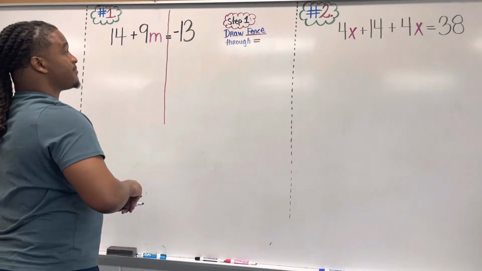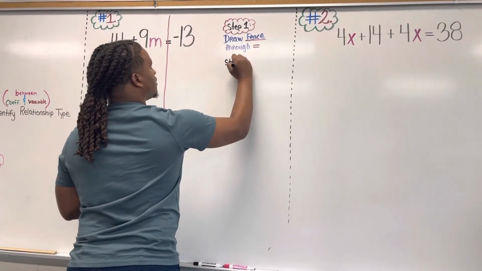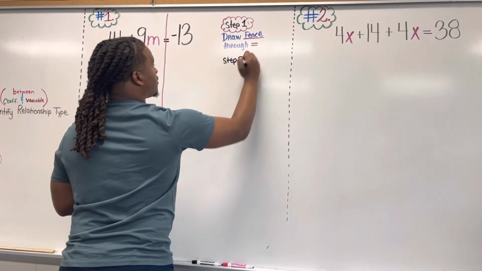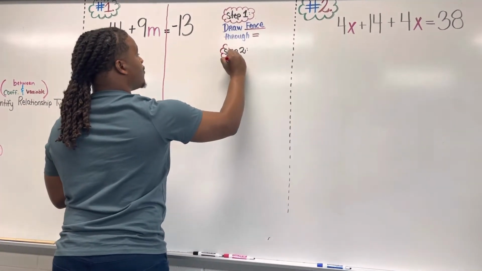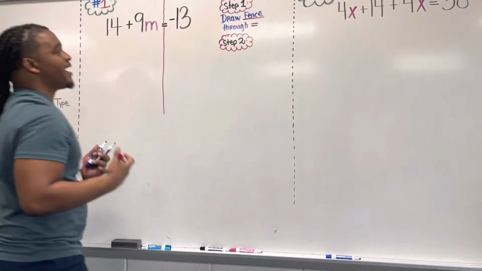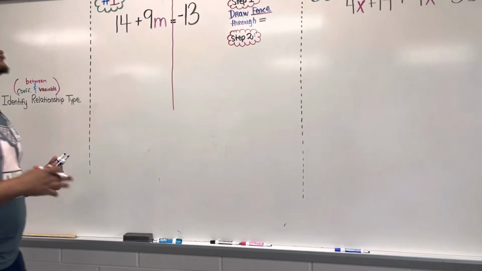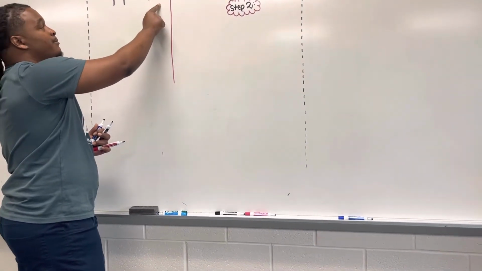Okay, step two is to figure out what type of relationship the coefficient and the variable have with one another. Because as you can see, 9 is a coefficient because it's connected with the variable, which is m.